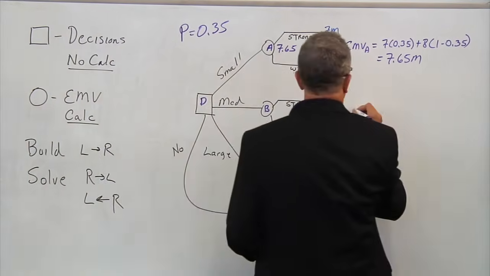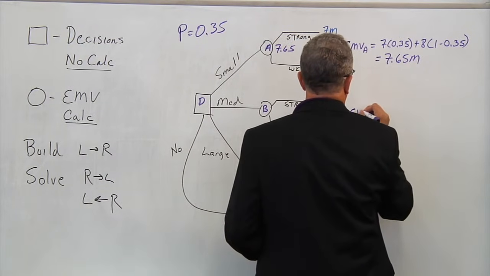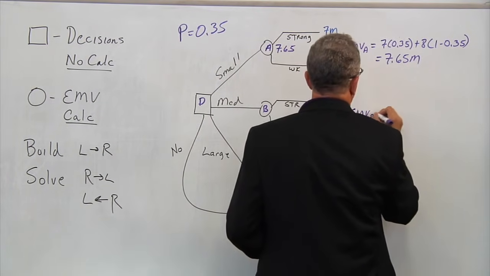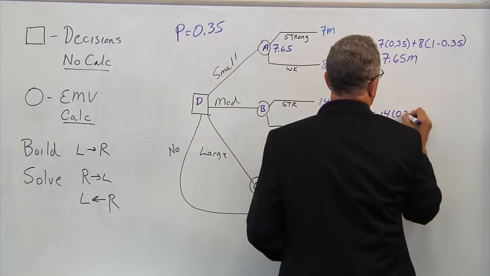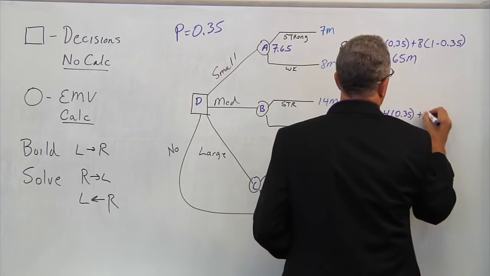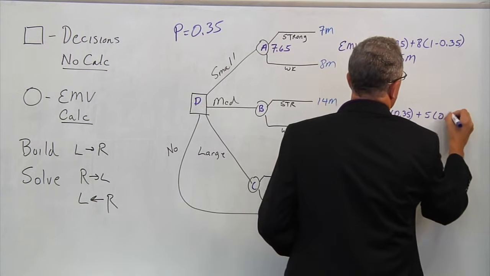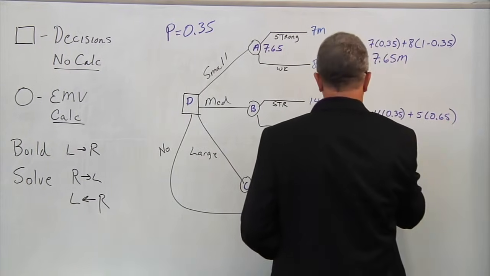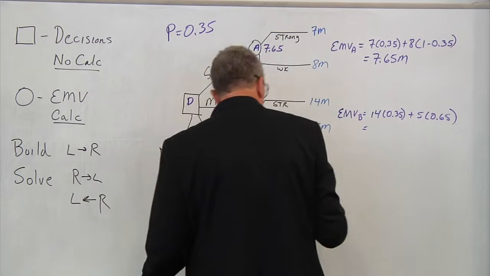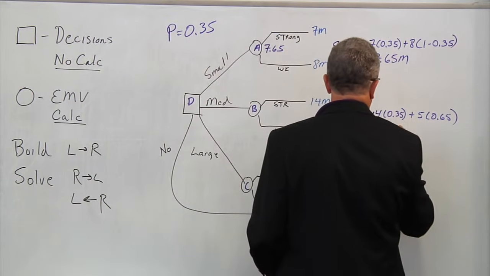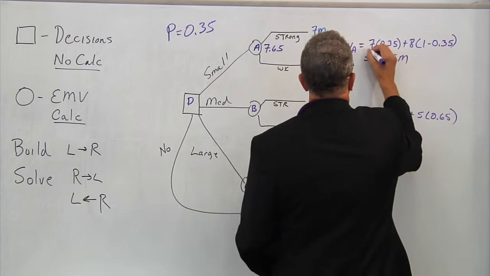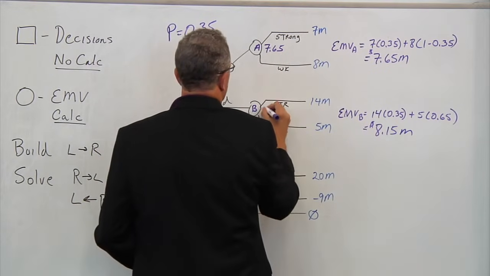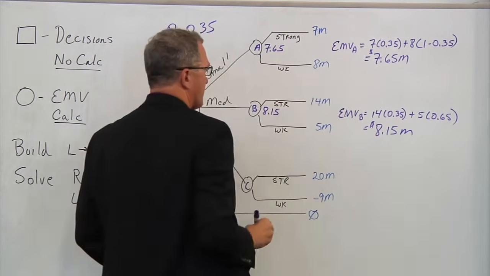My expected monetary value at B is going to be $14 million. I have a 35% chance of getting 14 million. I have a 65% chance of getting 5 million. Do the math for that, and we come up with $8.15 million. So the value here is 8.15.